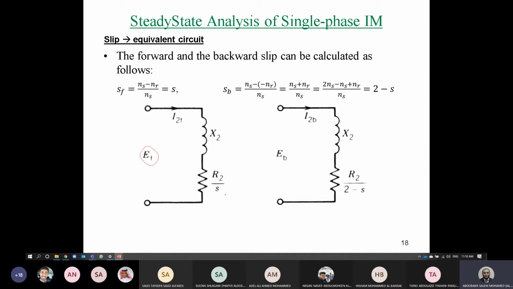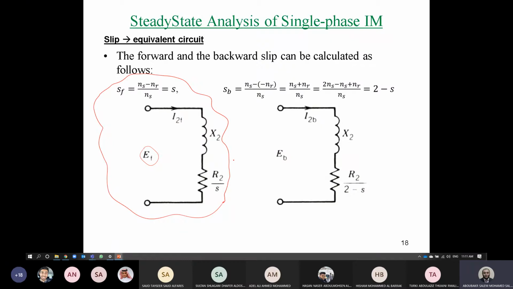However, this is due to the forward flux, Shabab. So this is now similar to the three-phase induction motor, which has only one component of flux. The three-phase induction motor has only forward flux. Right, Shabab? This is what we have already concluded from the derivation of the three-phase magnetomotive force.